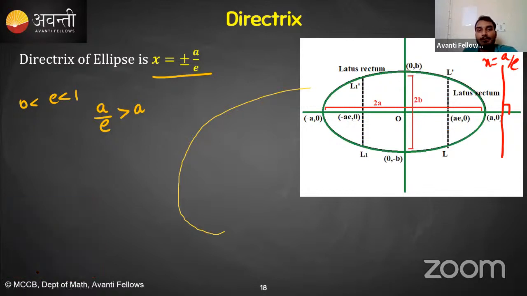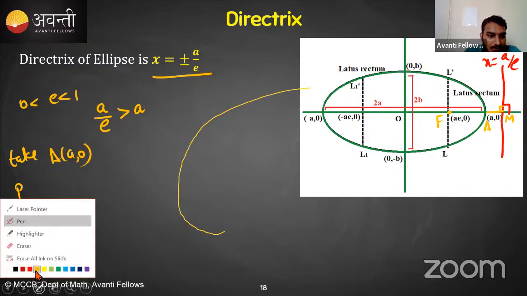Now we just have to prove whether it is the directrix or not. How will we prove it? You know the focus, you know the directrix. Take any point, let's say this is the point, this is F and this is M. Tell me what is the distance of a point from the focus.